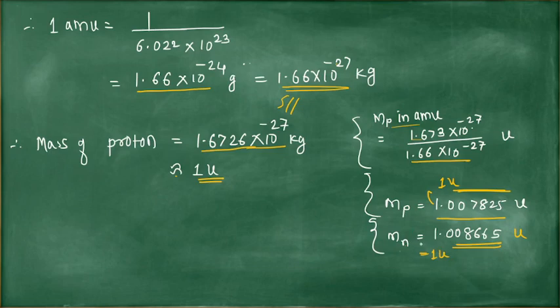Mass of neutron is slightly greater. So you can represent proton mass in terms of kilogram as well as in terms of unified mass, that is atomic mass unit.